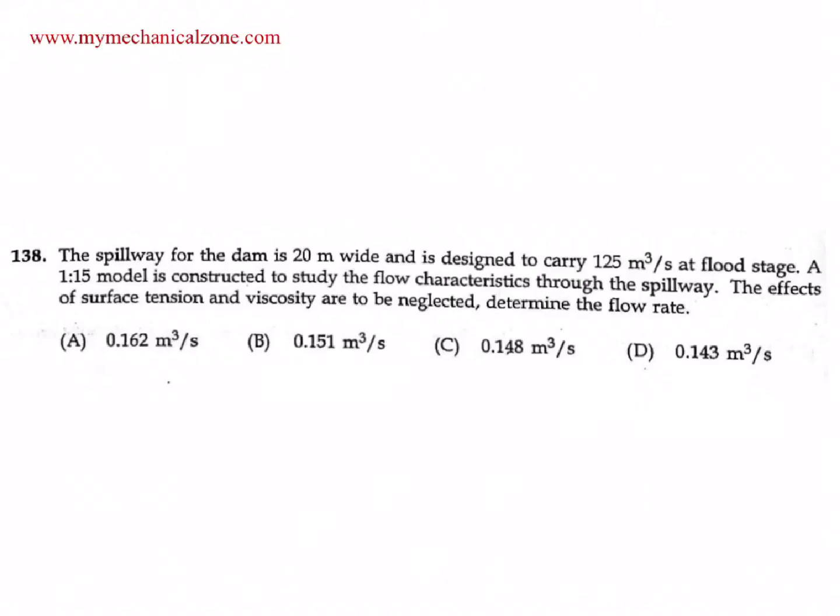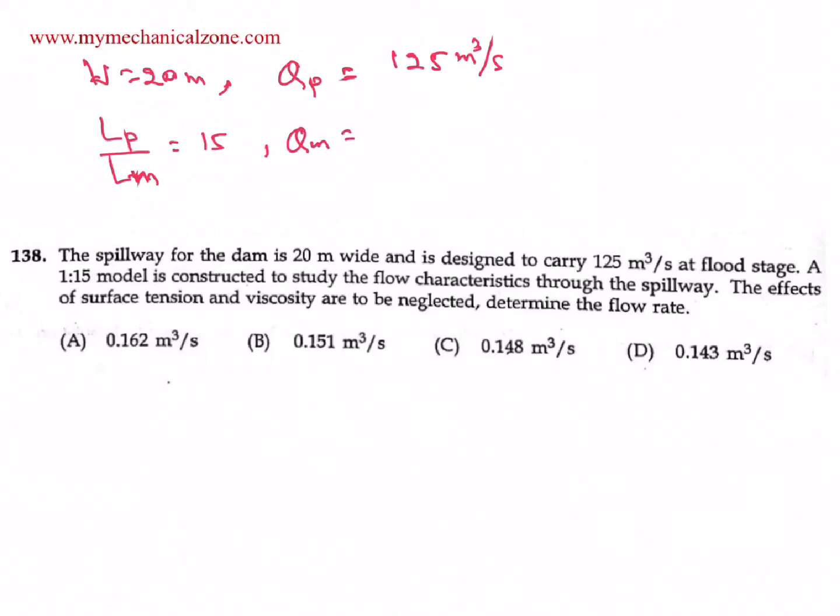So W is 20 meter wide. Then QP, volumetric flow rate of prototype, is 125 meter cube per second. LP by LM, length of prototype by length of model, is 15. We have to calculate volumetric flow rate of model. So QM value we have to calculate.